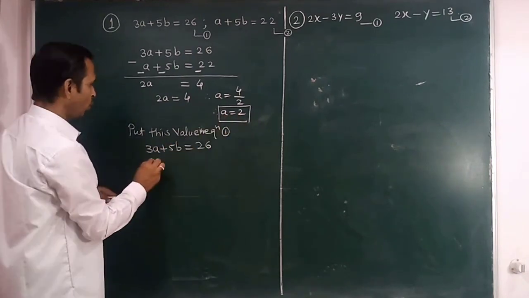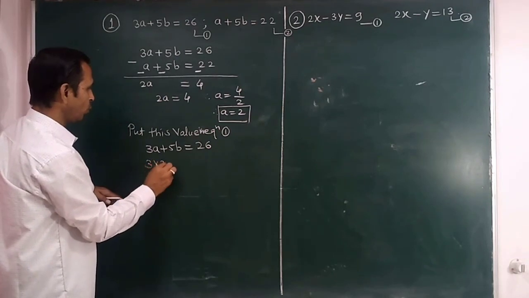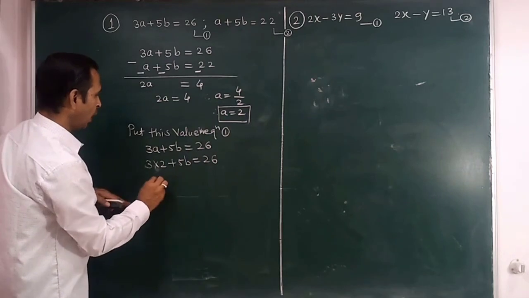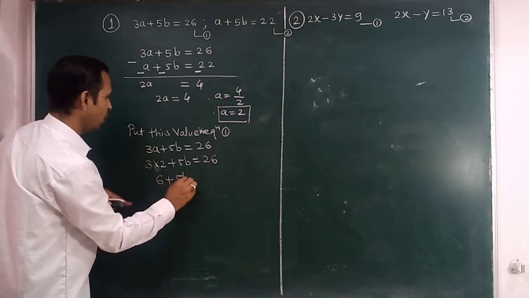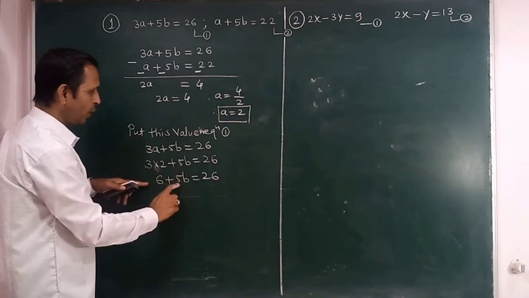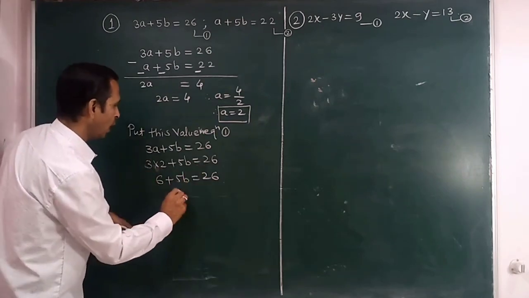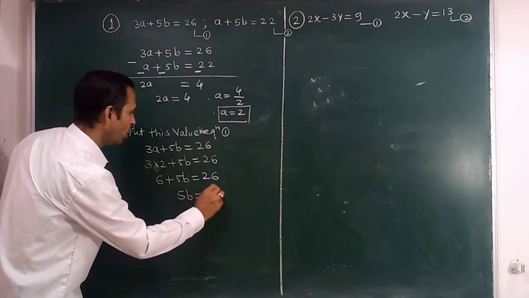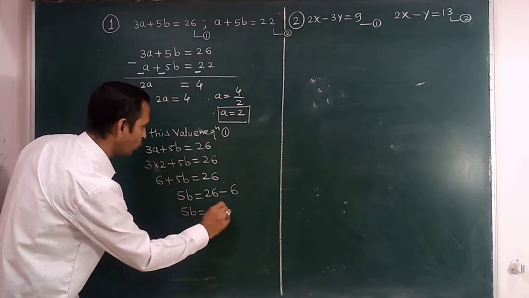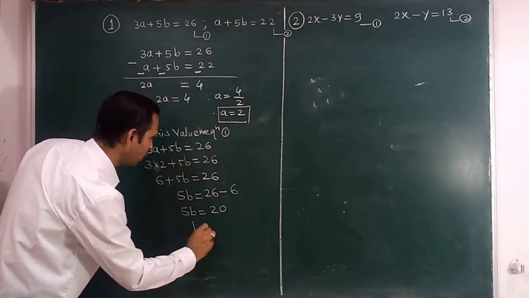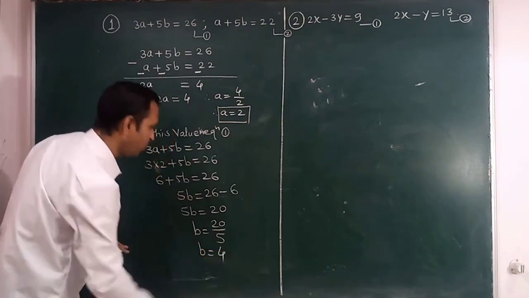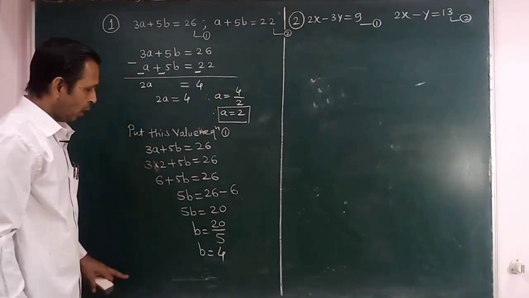Put a = 2 here, means 3 into 2 + 5b = 26, and hence 6 + 5b = 26. 3 into 2 is 6, 5b = 26 - 6, and hence 5b = 20, and hence b = 20/5, and hence b = 4.